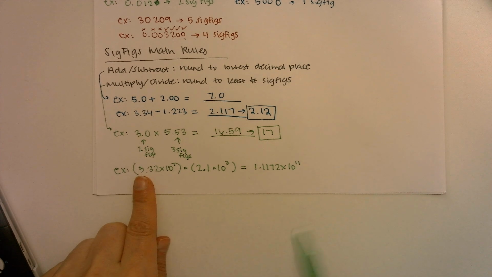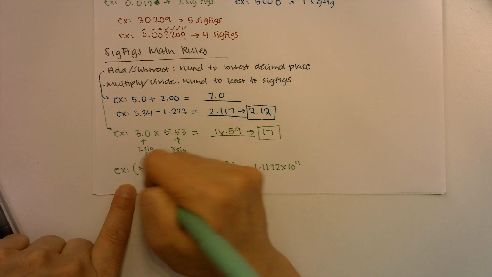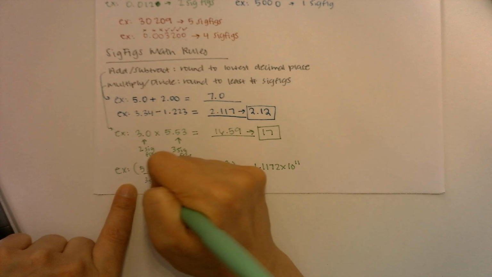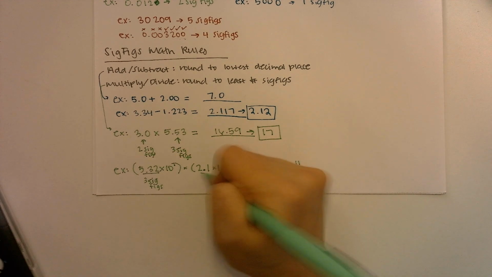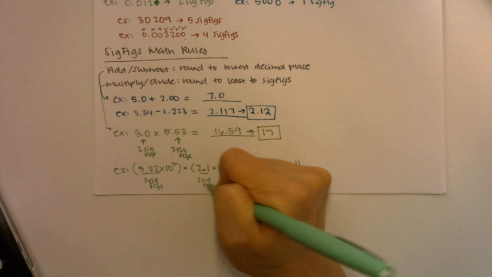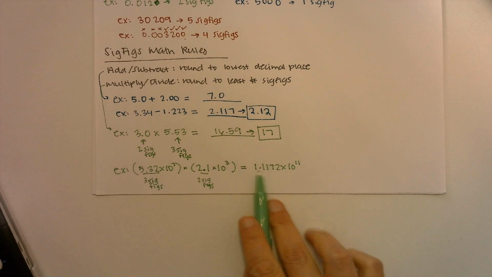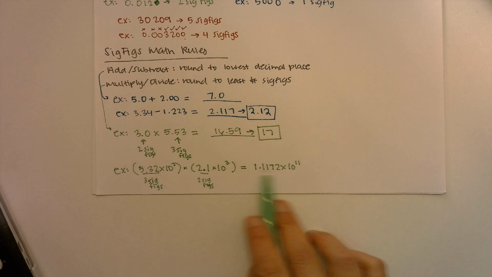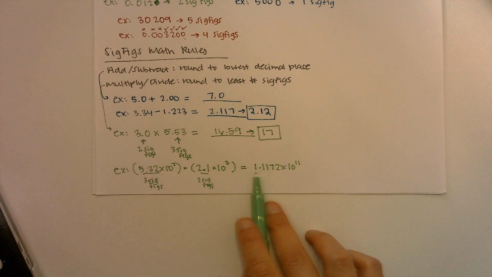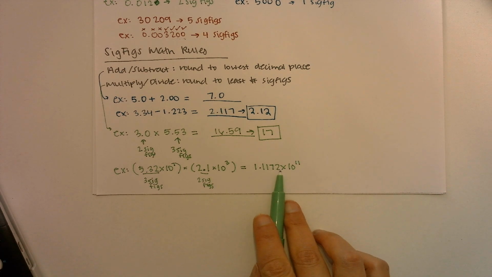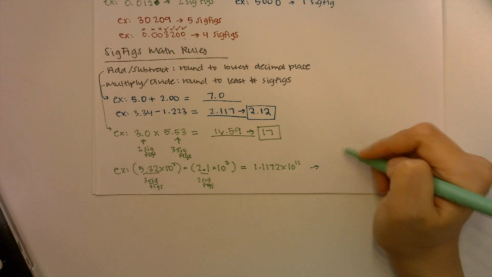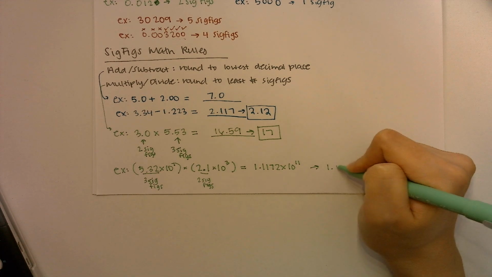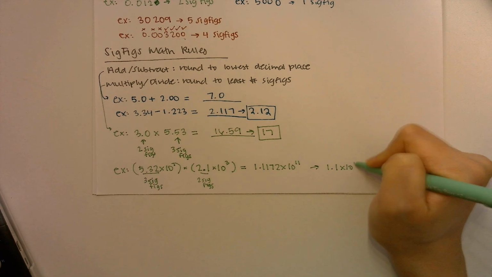So we know the 5.32 is 3 sig figs, and the 2.1 is 2 sig figs. Right now, the final answer, 1.1172, is 5 sig figs, so I would want to round that to 2 sig figs. So 1.1 times 10 to the power of 11.